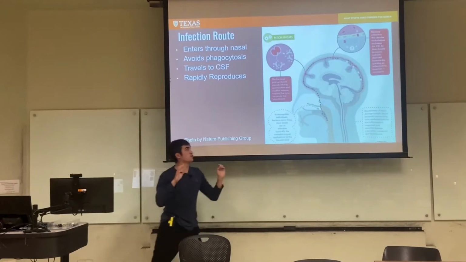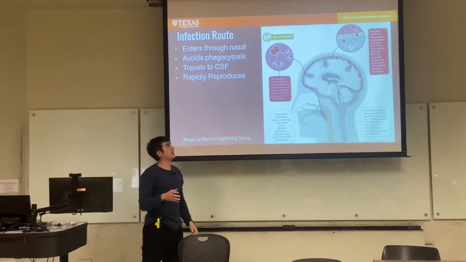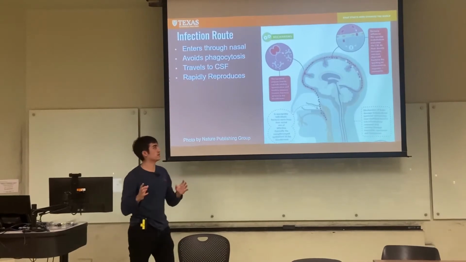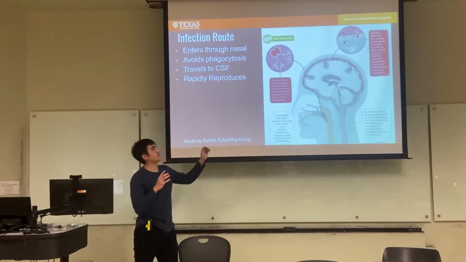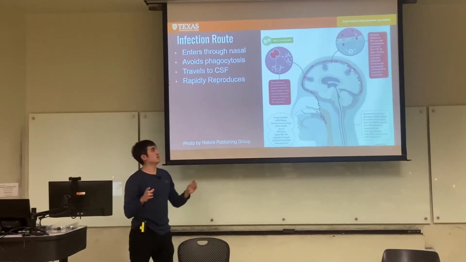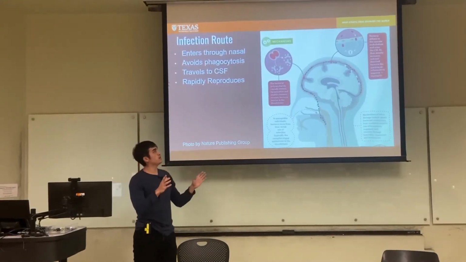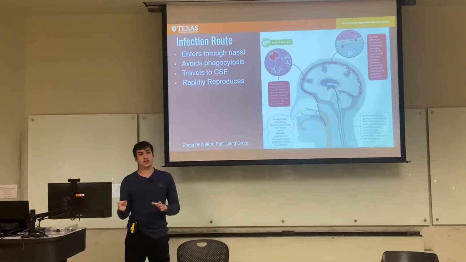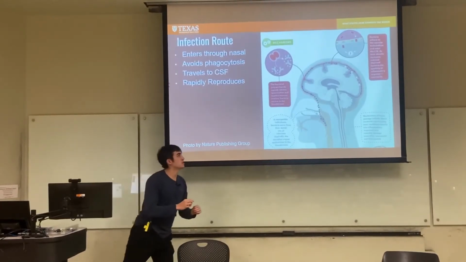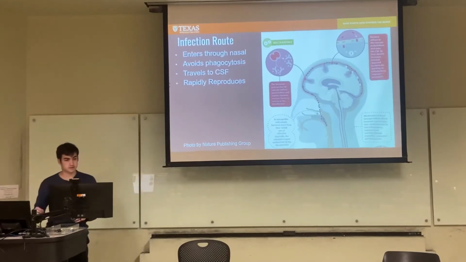And in the cerebral fluid, it reproduces and flourishes because the conditions are quite perfect there for the bacteria. That reproduction leads to inflammation in the cerebral spinal fluid, which causes severe headaches and very severe symptoms that could result in death.